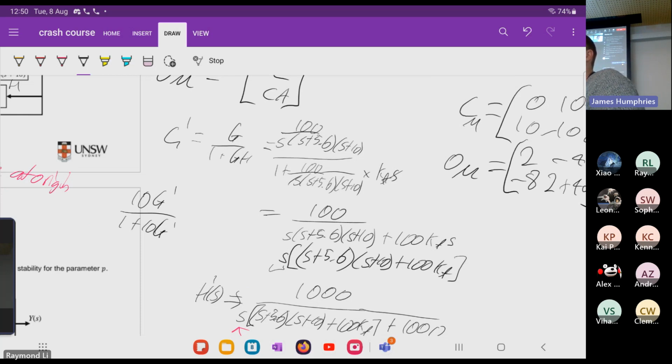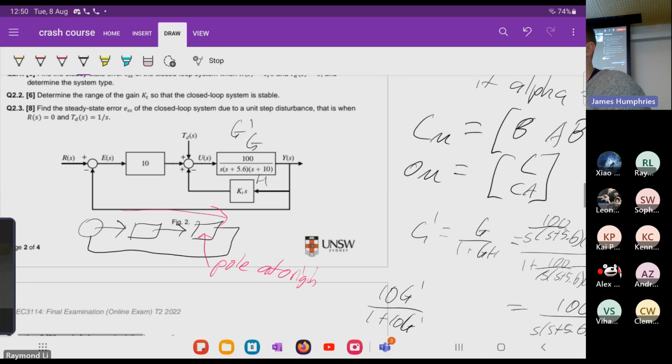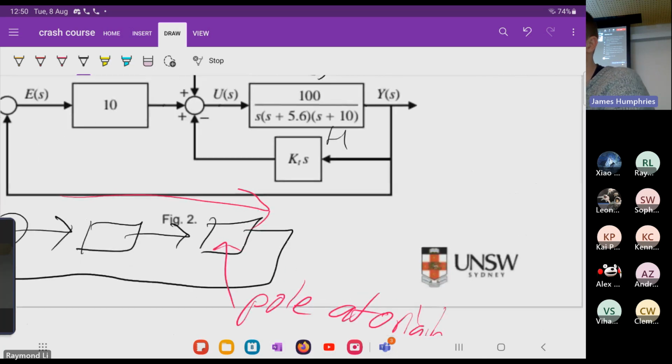So this one block has a pole at the origin. Because the forward path has a pole at the origin, it's a type 1 system. But if the entire closed loop has a pole at the origin, it doesn't necessarily mean it's a type 1 system. I'm pretty sure that's what it is.